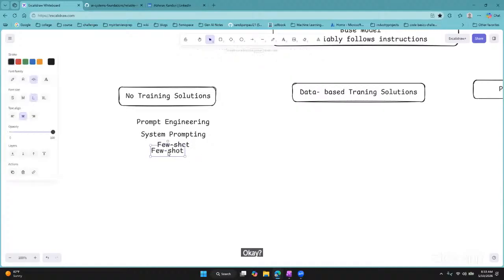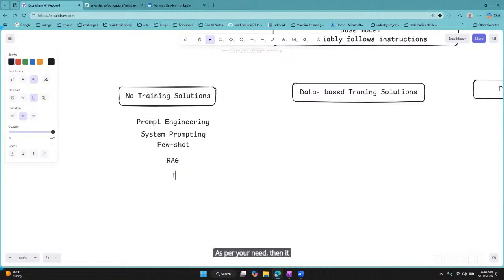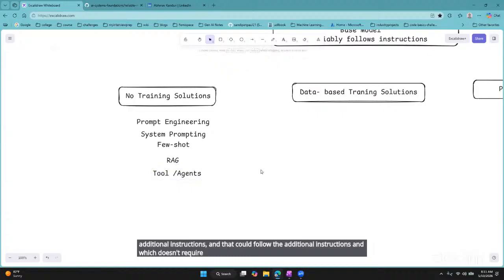And then you have RAG, where you explicitly provide some grounding, the actual responses as per your need. Then it would solve some hallucination. At the same time, you can externally use tools, call your MCPs or .md files to provide additional instructions, and the model could follow those additional instructions, which doesn't require any training solution.